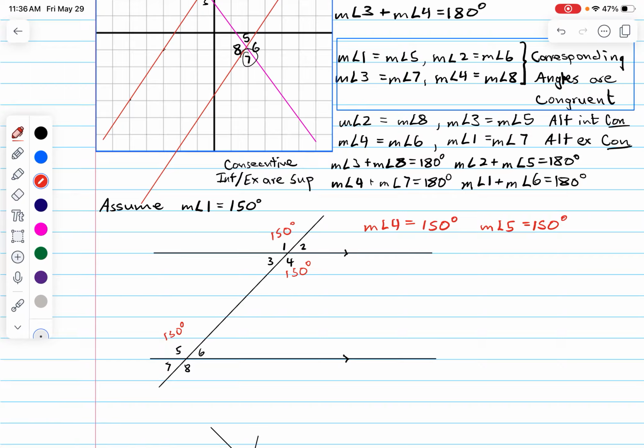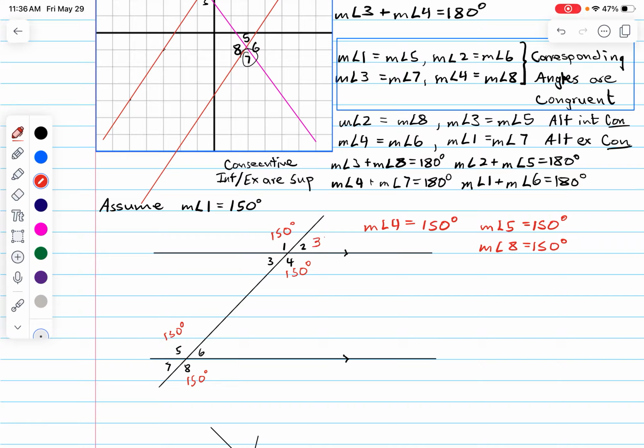Because 5 is the corresponding angle. And you know that the measure of angle 8 is 150. Okay? So we have four 150s. Now, those are all congruent to angle 1.